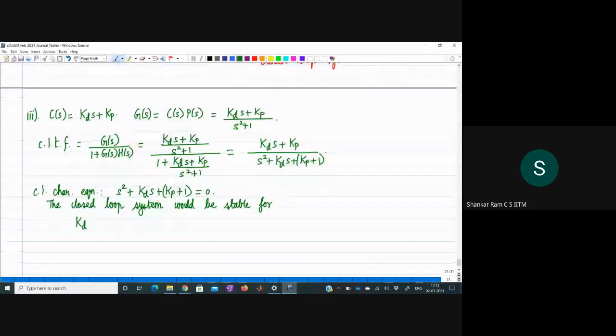So that means that KD should be greater than 0.